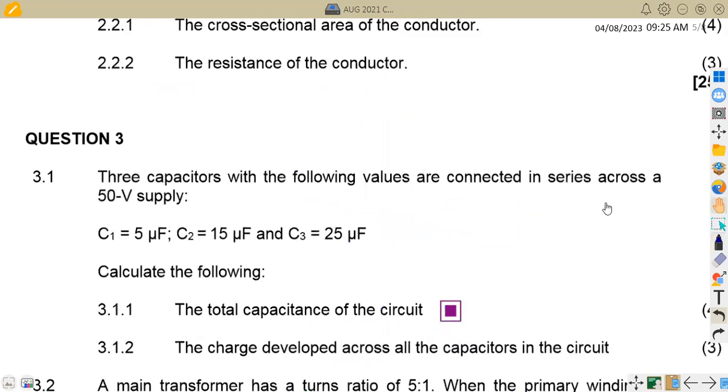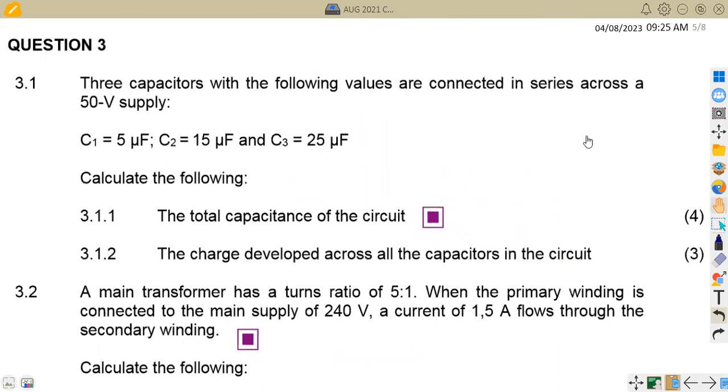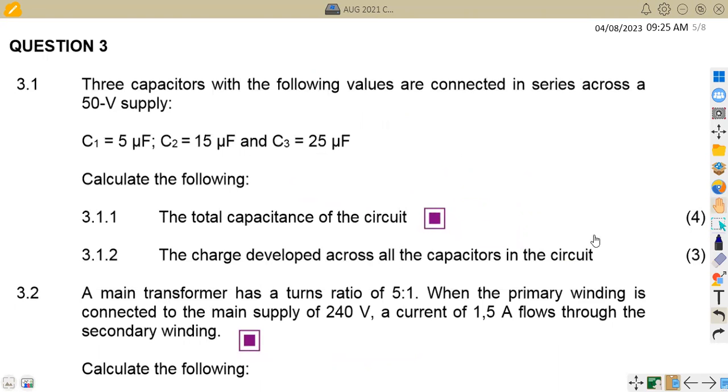On question 3, we are given 3 capacitors with the following values connected in series. If we are dealing with capacitors, they oppose resistors. If you are dealing with capacitors in series, you work them the same way you do resistors that are in parallel.